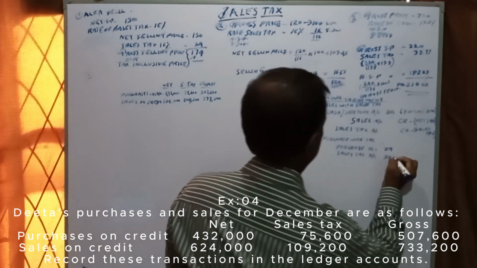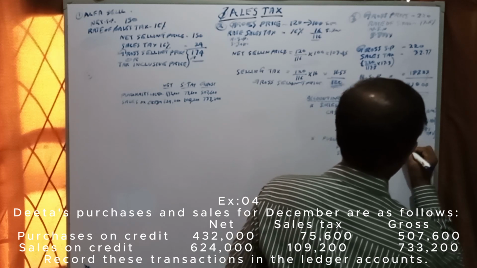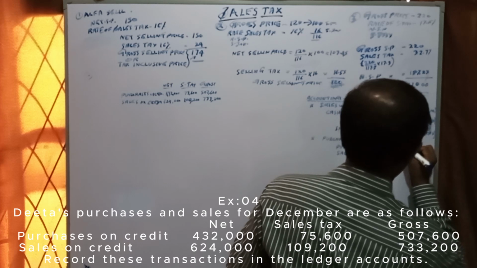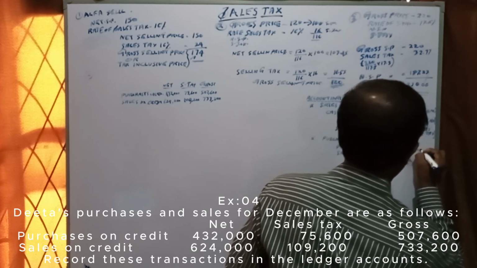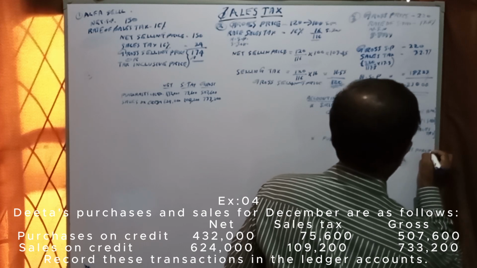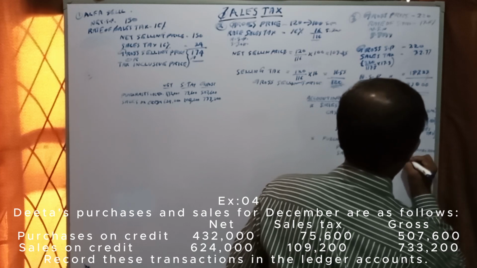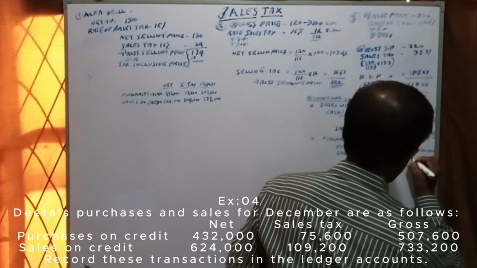This is net purchases, right? This is net purchases. Net purchase. Right? This is the tax amount.